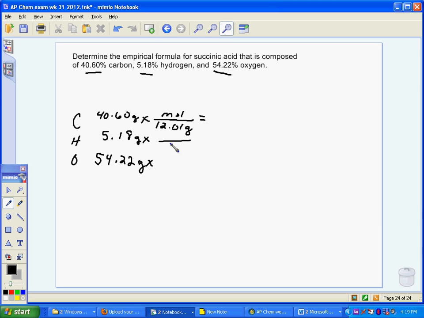Hydrogen is, I think, 1.01 grams per mole. Oxygen, 16 grams per mole. Notice that in each one of these cases, when we divide by the molar mass, we're going to end up with moles of each substance.